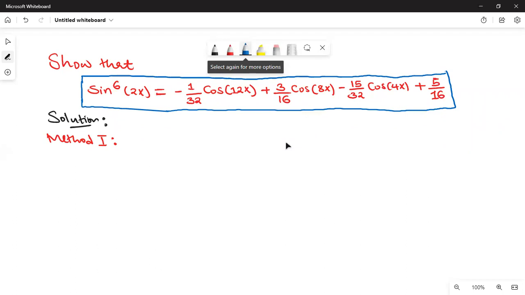The first method, we are going to use what is called Euler's identities. So let me write. Method one is using Euler's identity.